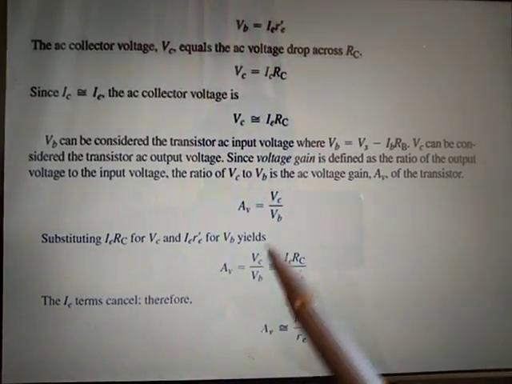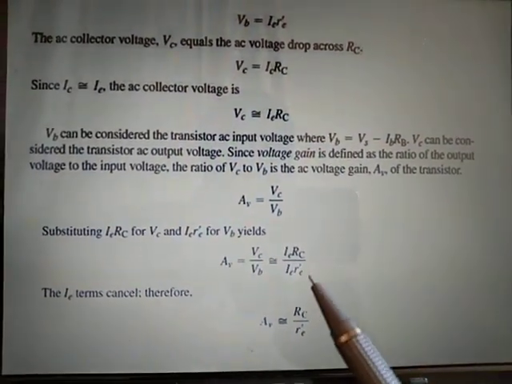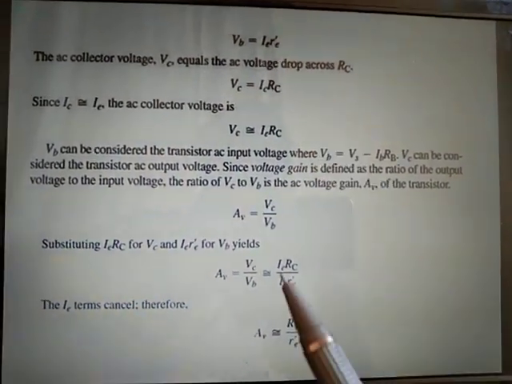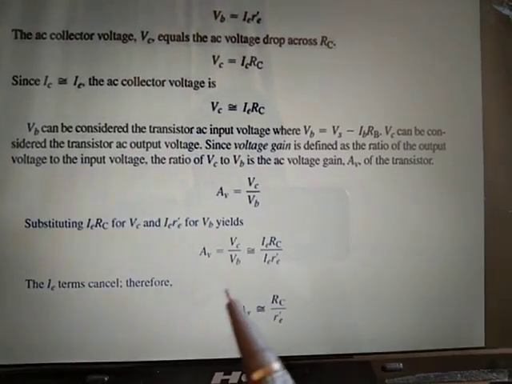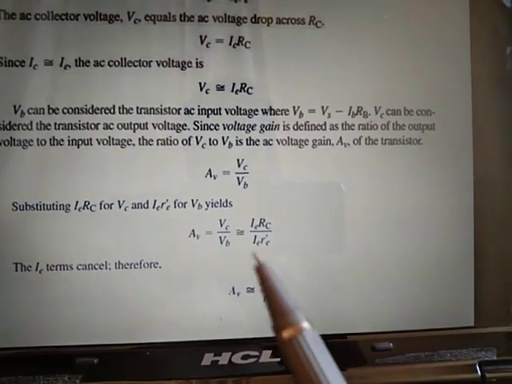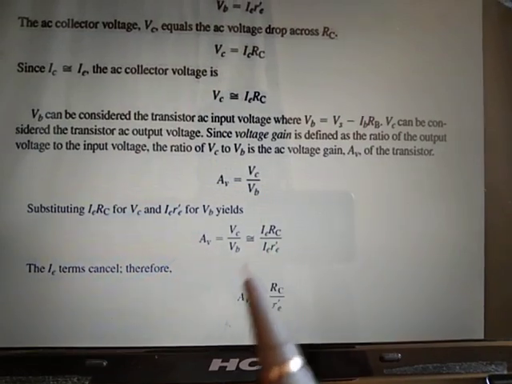Therefore, AV is equal to Vc by Vb, but Vc is IC Rc and Vb is IE into Re dash. IE gets cancelled. Therefore, the gain of the transistor is AV equal to RC divided by Re dash. This equation is very important for the BJT as an amplifier.